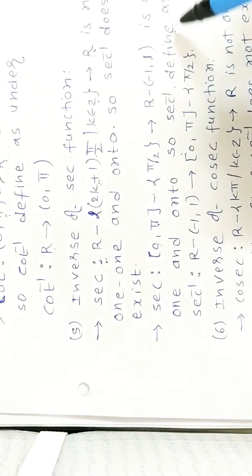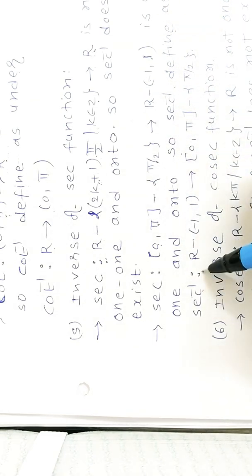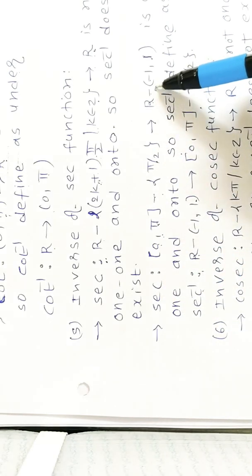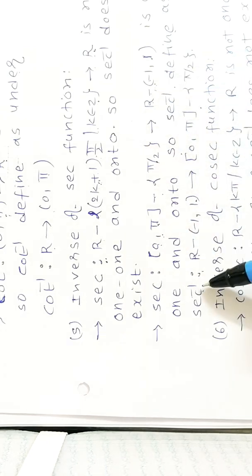So sec inverse is defined as under: sec inverse, R minus (minus 1 to plus 1) to 0 to pi minus pi by 2. The new domain of sec function becomes the range of sec inverse, and the range or codomain of sec function becomes the domain of sec inverse.